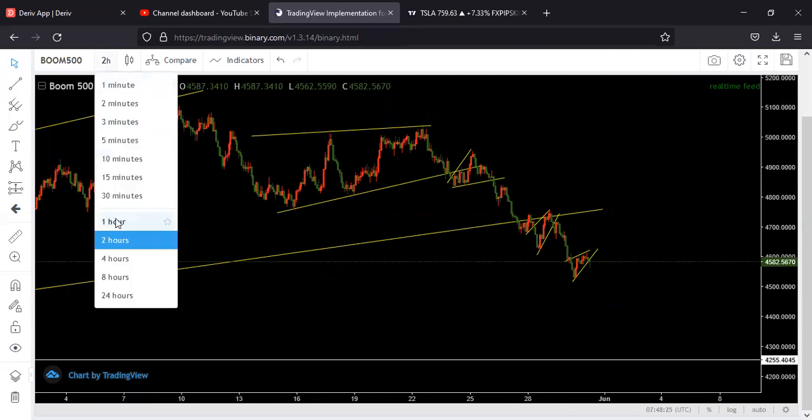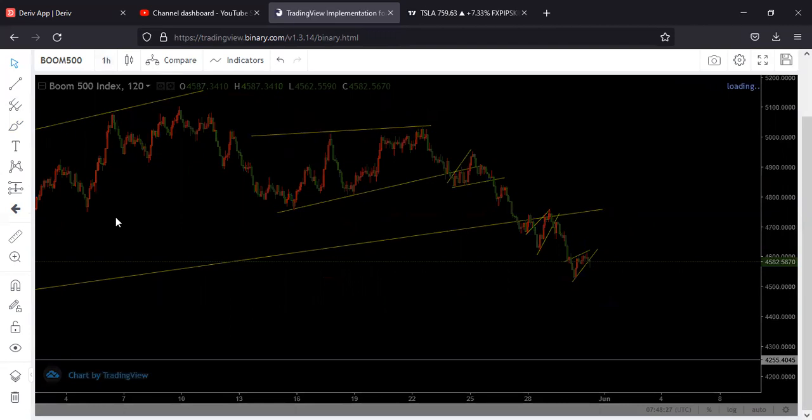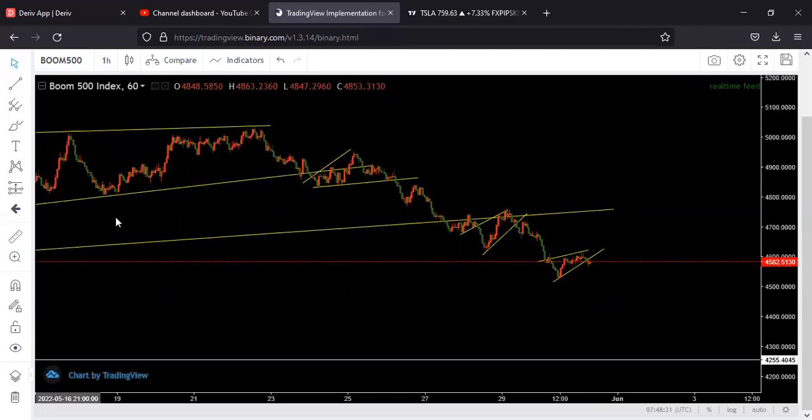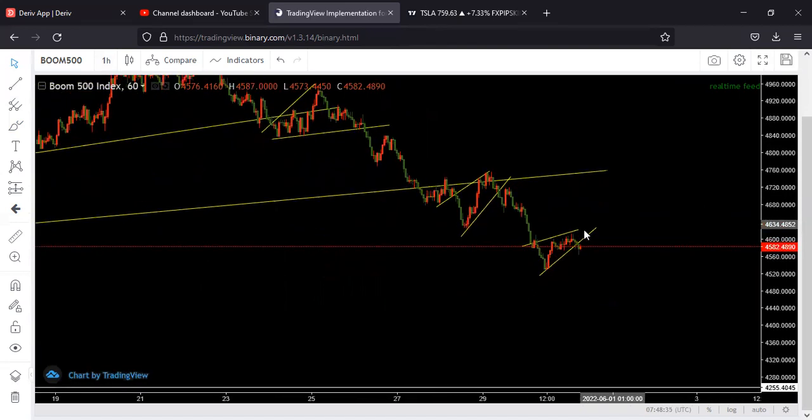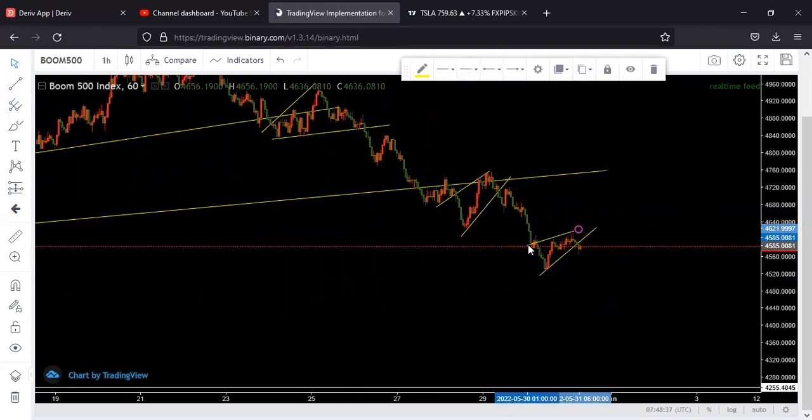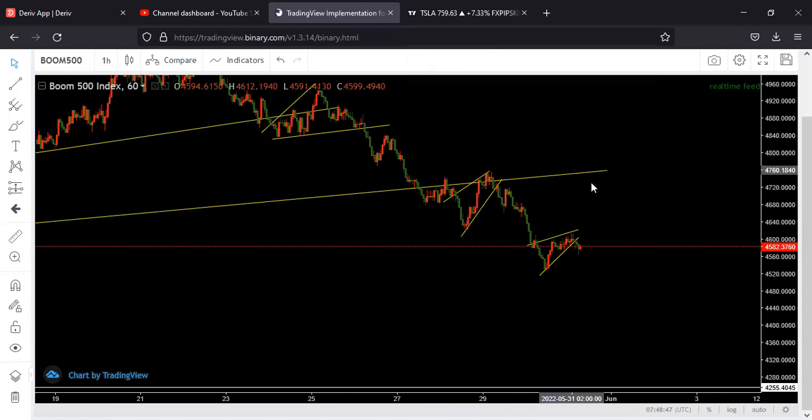We are going to H1. Remember, on this one hour time frame, we always look for the entry. So you see, guys, I hope you can see this. What you are going to do here is tweak your trend line this way. Click here, and make sure you zoom in and out so that you can see a good picture.